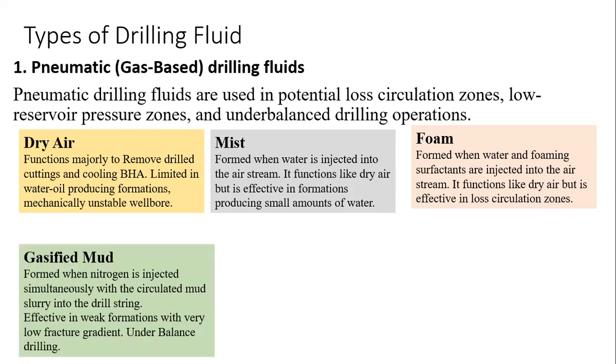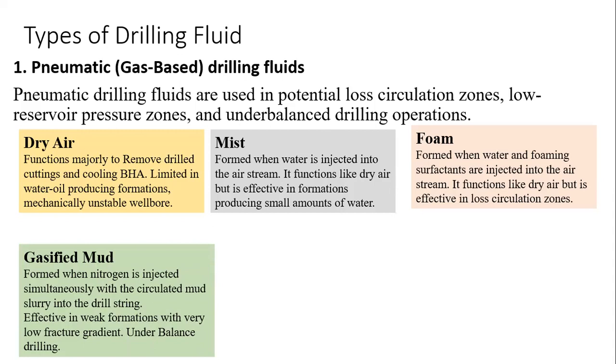Then we have the last type of gas-based drilling fluid, which is the gasified mud. It is formed when nitrogen or air is injected simultaneously with the circulated mud slurry into the drill string.